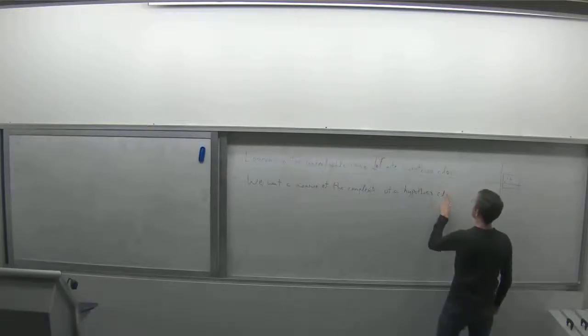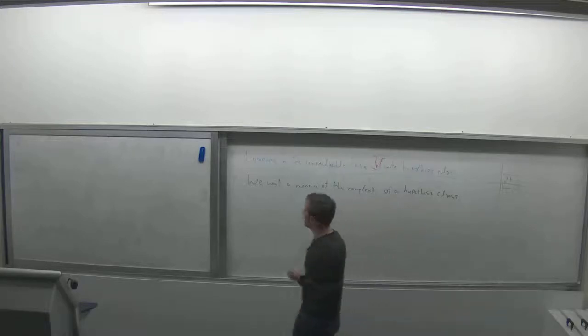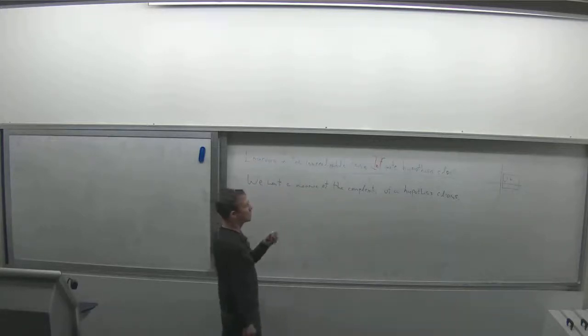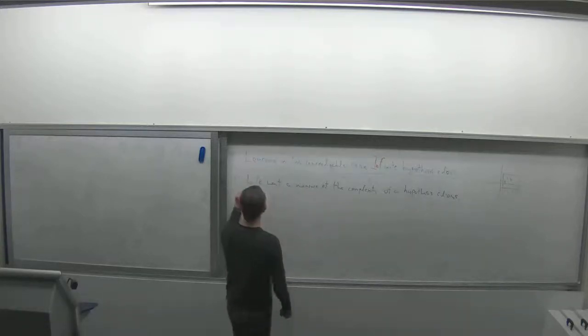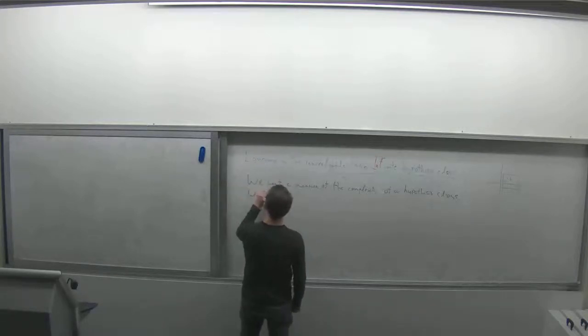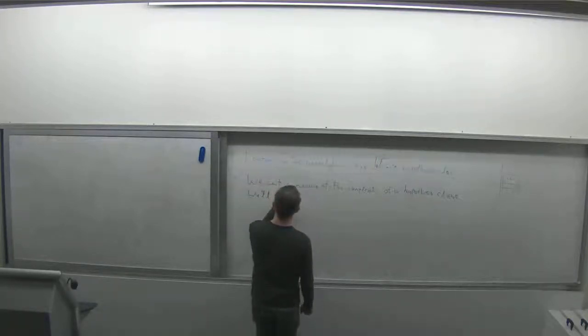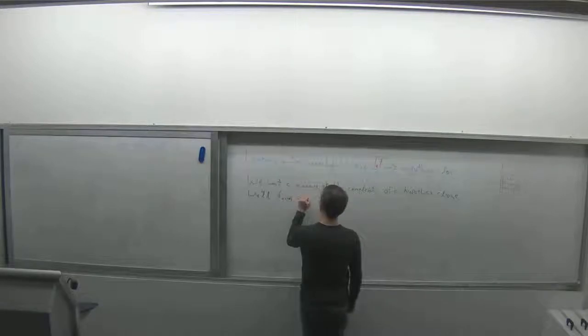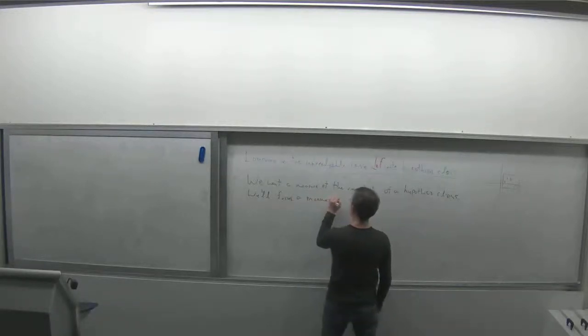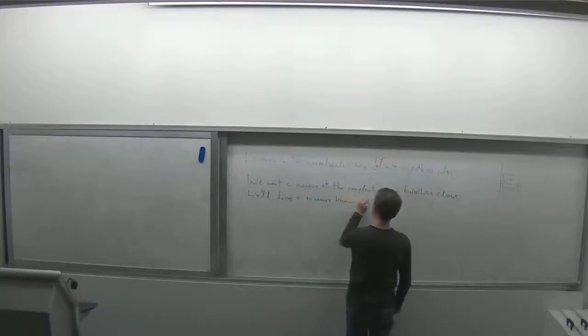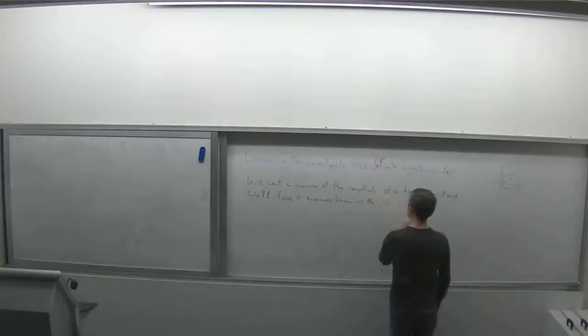There are various ways of doing it. There are various measures that are relevant and provide bounds like we had before. We will focus on a measure known as the VC dimension.